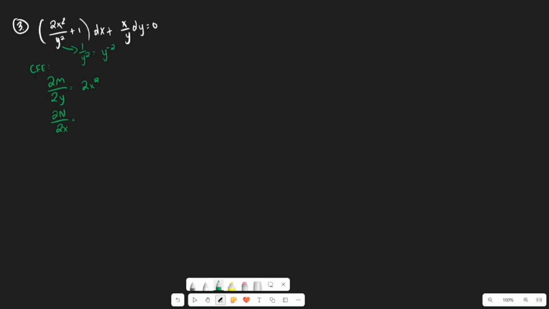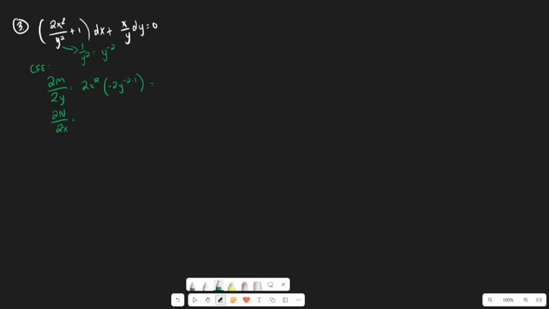So this becomes 2x squared times the derivative of y raised to negative 2: bring down the negative 2, then subtract 1 from the exponent, so we have negative 2 minus 1, plus the derivative of 1 with respect to y, which is 0.